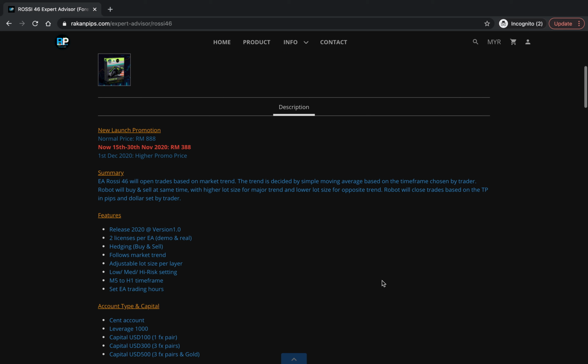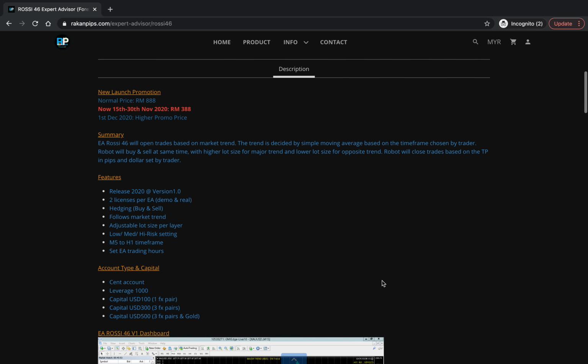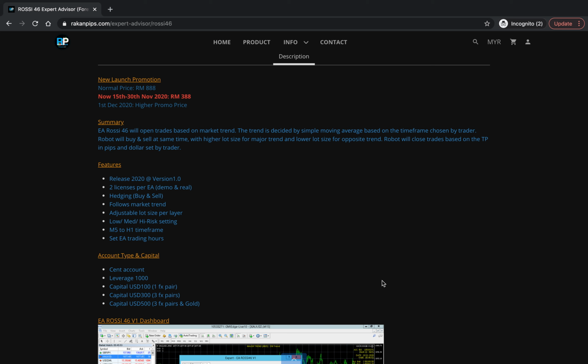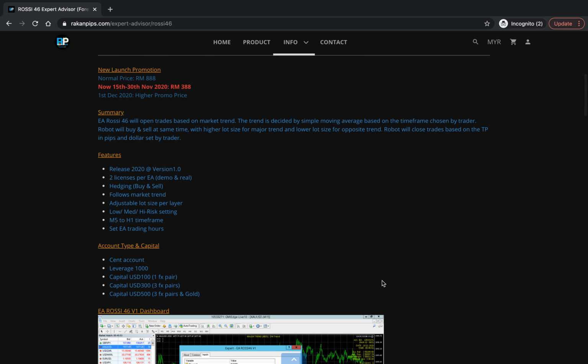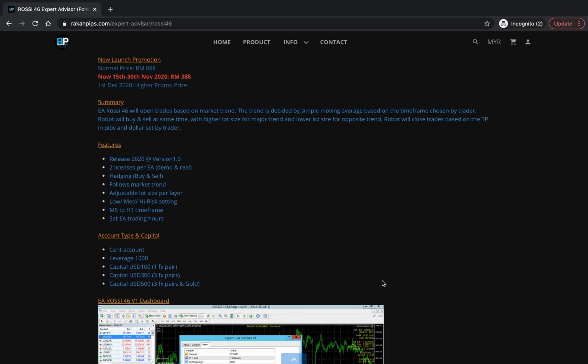This EA works based on market trend because it uses the standard indicator available in MT4, moving average, and based on the time frame that the trader or the user chooses. It could be a 15-minute time frame or 30 minutes or 1 hour. Based on that, the EA ROSSI46 will open the trades.